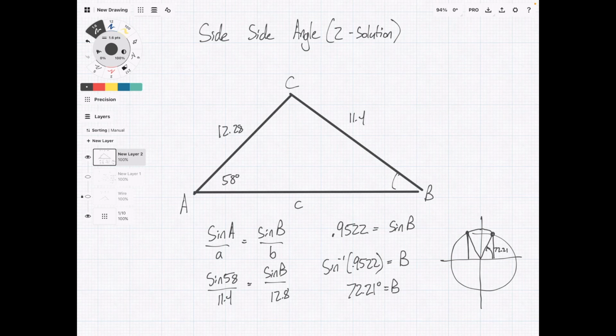So this is our initial value, but this angle over here has the same y coordinate. This is going to correspond to 72.21 degrees up from 180. So we actually have two possible angles that we need to test out, which is what we're going to do next.